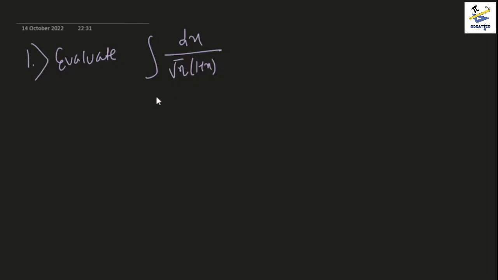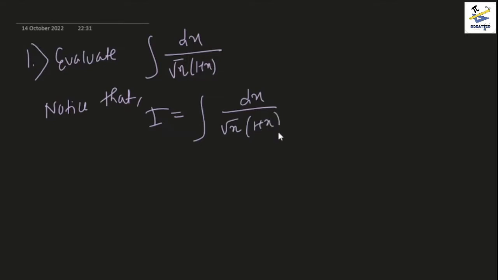Now to do this problem, we notice that I equals to integral of dx by root of x into 1 plus x, and we can use a substitution as follows.